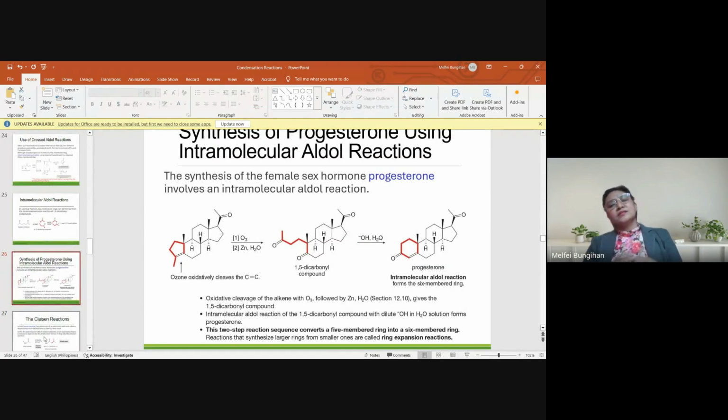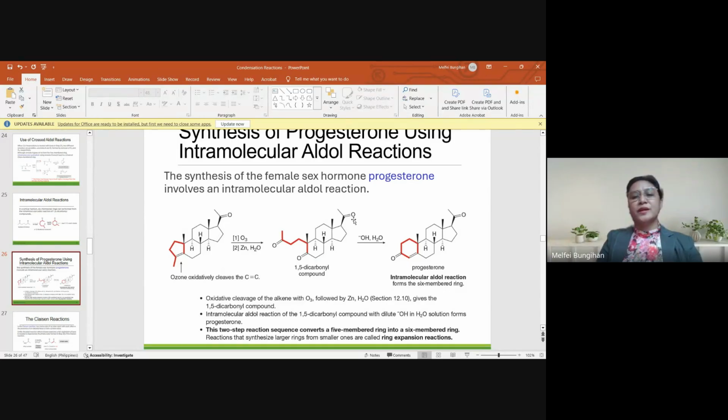Now, in the synthesis of progesterone, which is a female hormone, using the intramolecular aldol reactions, we have the formation here. You look at the moiety which had undergone the condensation.